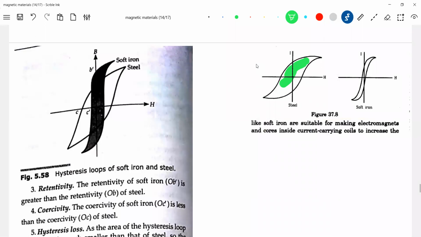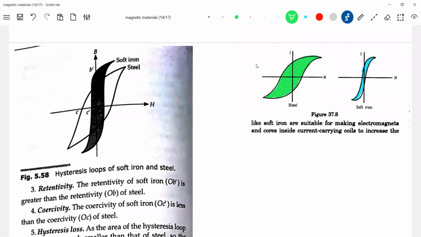Good questions can be asked, just information based. Look at the area in green color. It is definitely more than this particular one. S.C. Verma has shown it separately like this. In some of the books, they have overlapped them so that the students can analyze here.